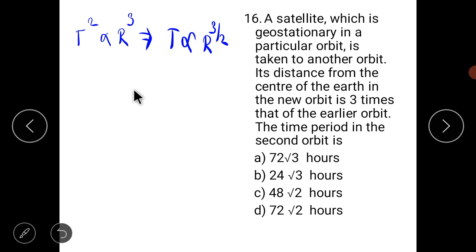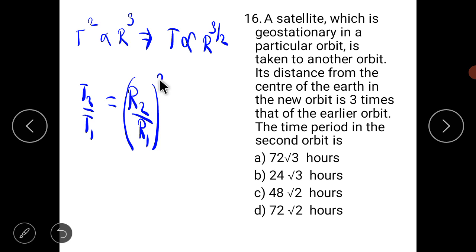Now T2 by T1 is equal to r2 by r1 raised to 3 by 2. So r2 is 3 times r1, so we can write r2 as 3r1.